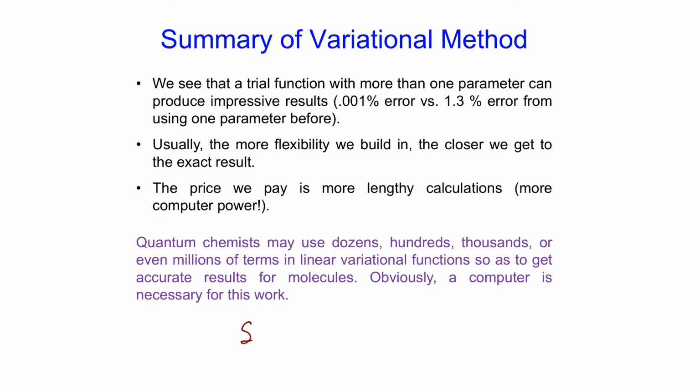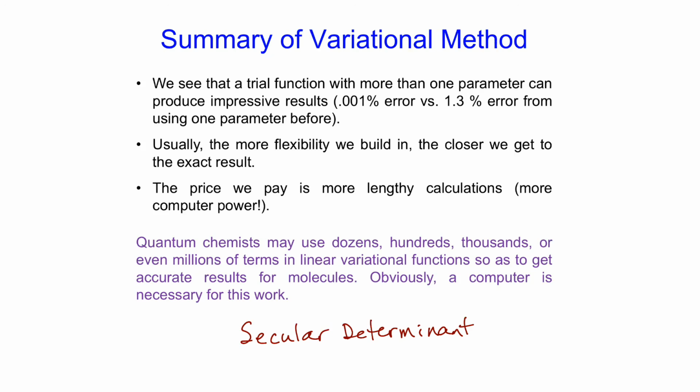There is what we call the secular determinant method, which is a handy method for evaluating these trial functions that depend linearly on variational parameters. So there are some tricks up our sleeves to make that work a little bit easier, but still very quickly you're going to want to be employing the use of a computer for a lot of these calculations.